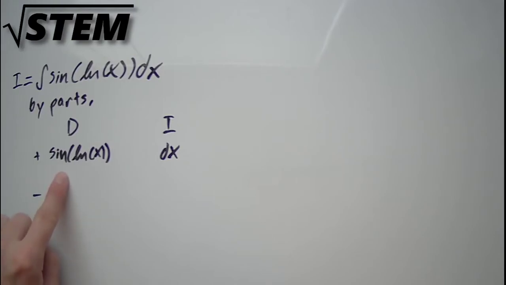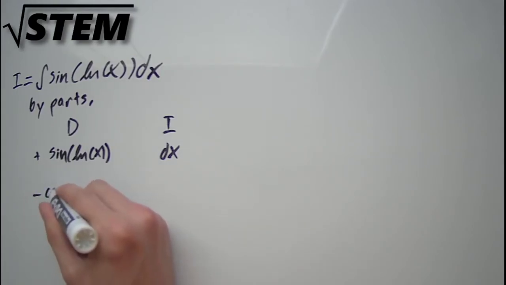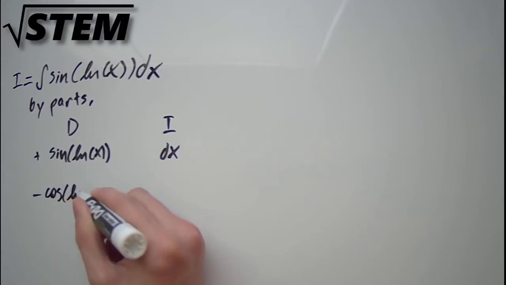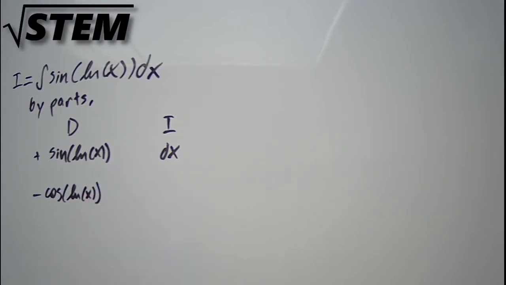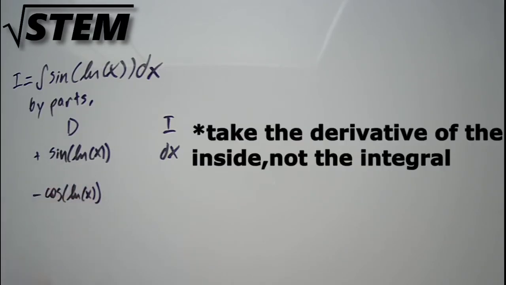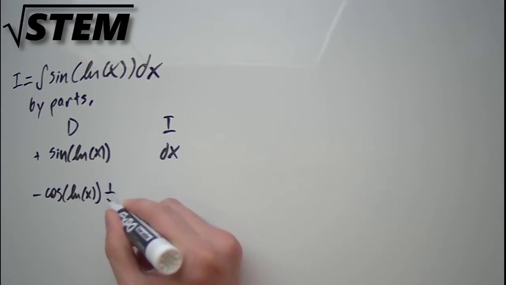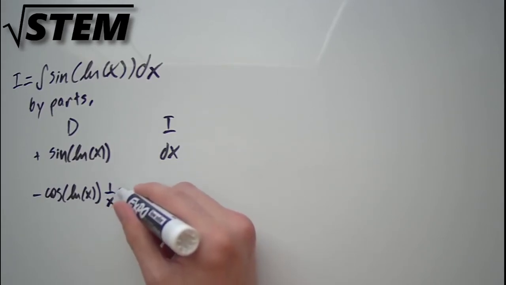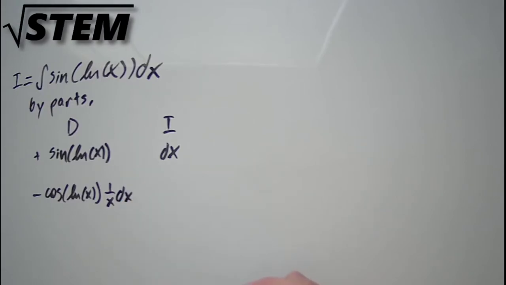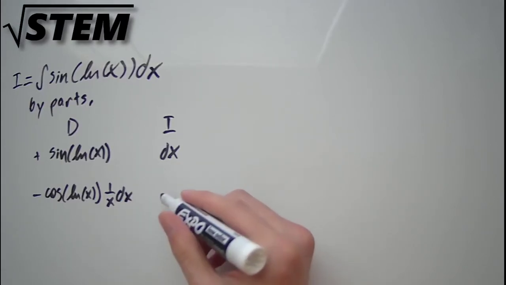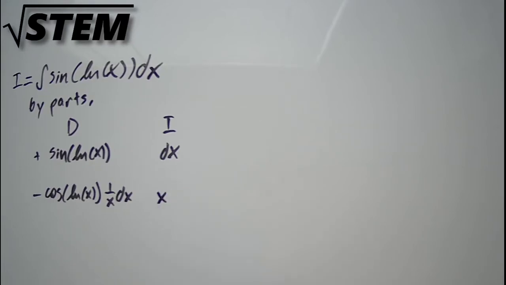Now, taking the derivative of this, derivative of sine is cosine, so we get that back with the same stuff inside, and then our chain rule says we also take the derivative of the inside, and the derivative of natural log of x is 1 over x times dx. And of course, if you integrate only dx, then you just get back an x.